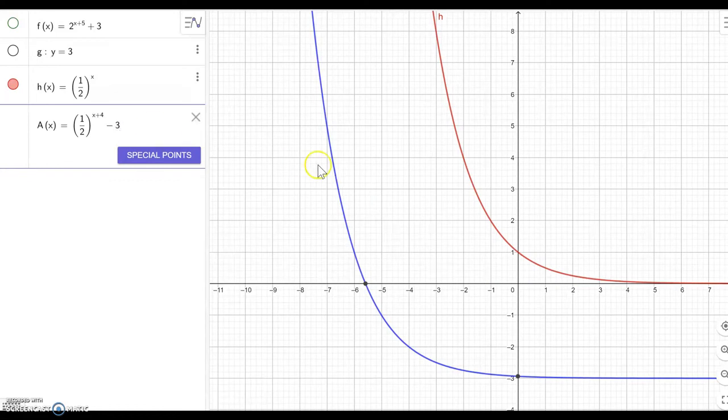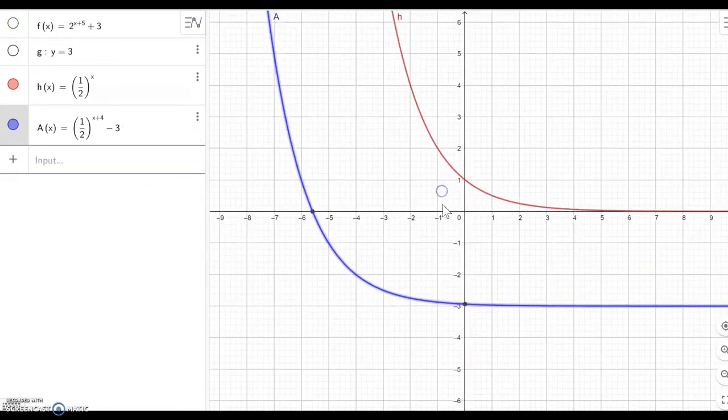Okay, so what happened here? Basically, before it was like that, but now it's moving down 3 and left 4 here, right? Do you see this? So from here, 1, 2, 3, 4, 1, 2, 3, basically moving down like that.